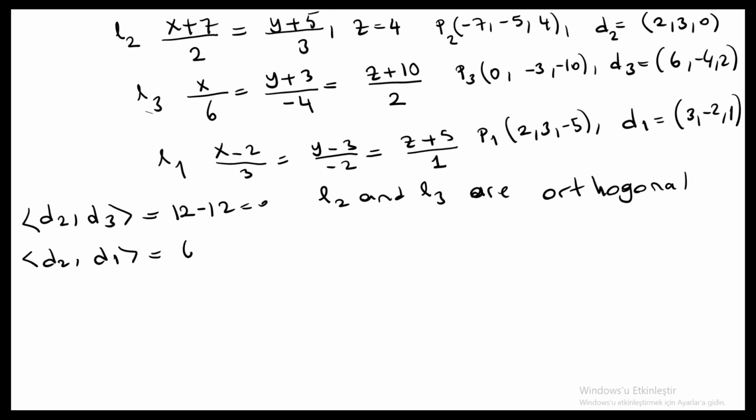In this case you have 6 minus 6, so 0. It means L2 and L1 are orthogonal. Now L2 is orthogonal to L3, L2 is orthogonal to L1. So it means L3 and L1 are parallel.